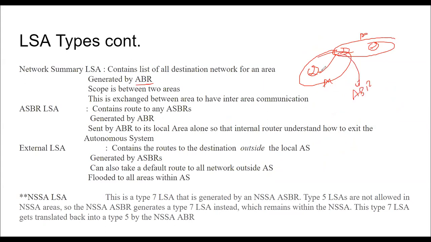So instead of sharing all the routes with my neighbor, what I'll do is share a summarized route. That's called network summary, type 3. It is generated by the ABR and its scope is between only 2 areas. This summarized route cannot flow from area 1 back to area 2 or area 3.